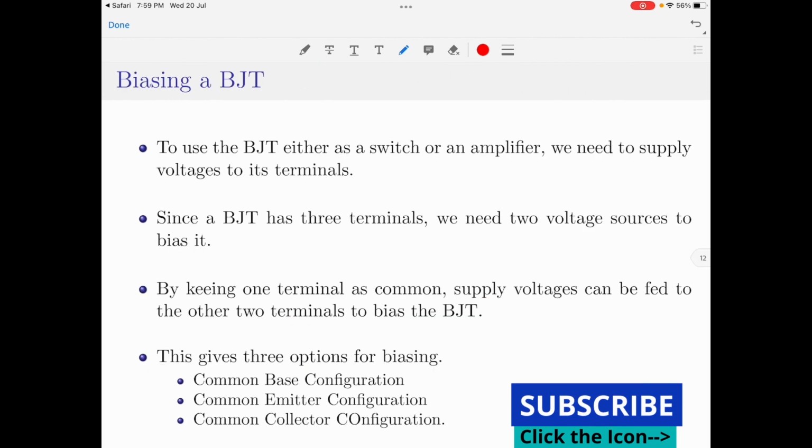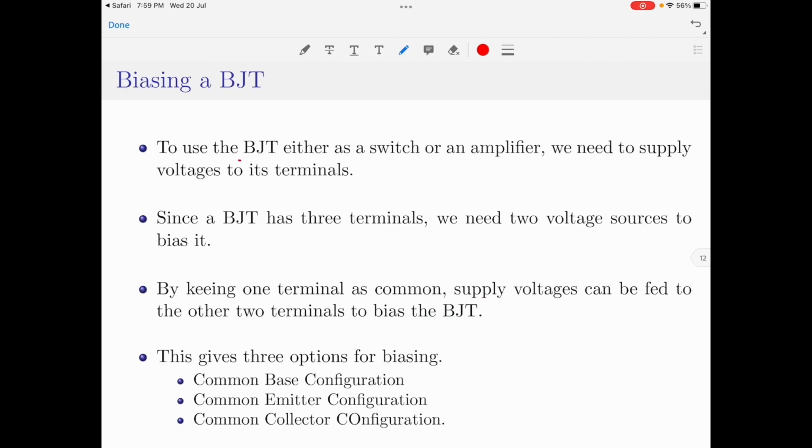We say that to use the BJT either as a switch or as an amplifier, we need to bias the junctions in a certain fashion, and biasing them requires applying voltages to the terminals. We have previously learned that a BJT has three terminals, and therefore we would require at least two voltage sources to bias it.